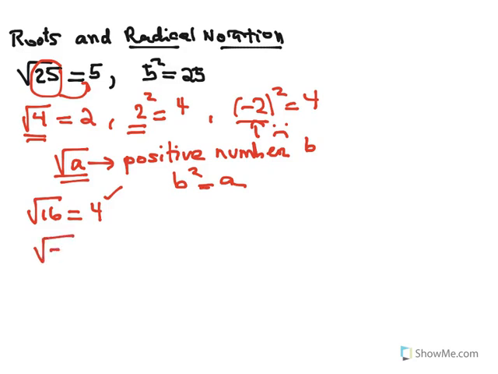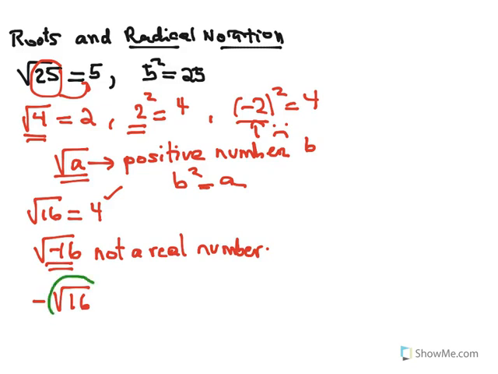Now, the square root of a negative number does not exist in the real numbers. If you try to evaluate this in your calculator, it will tell you that this is not a real number. Okay? So I could have negative square root of 16. How can I have that?